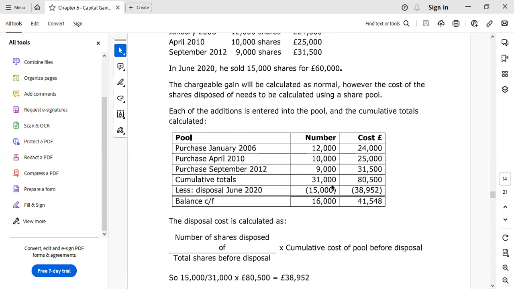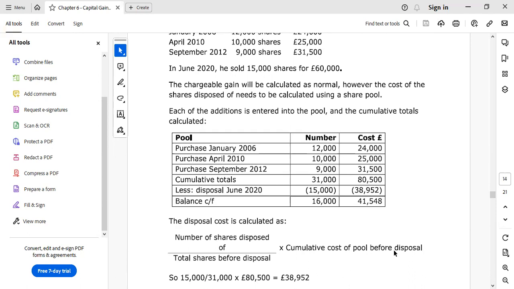The total shares before disposal were 12,000 plus 10,000 plus 9,000, which is 31,000. So 15,000 divided by 31,000 multiplied by the cumulative cost of the pool before disposal.